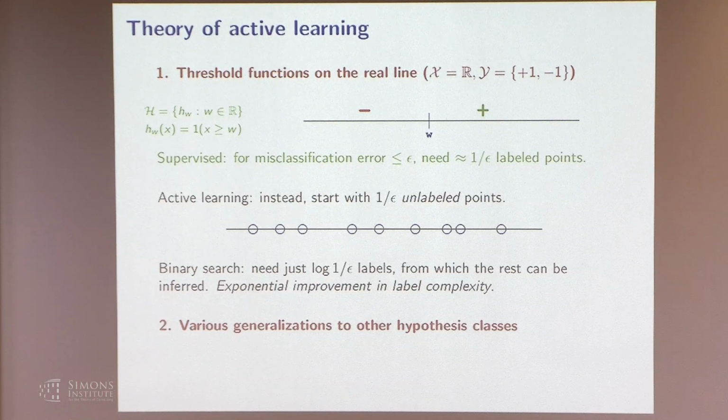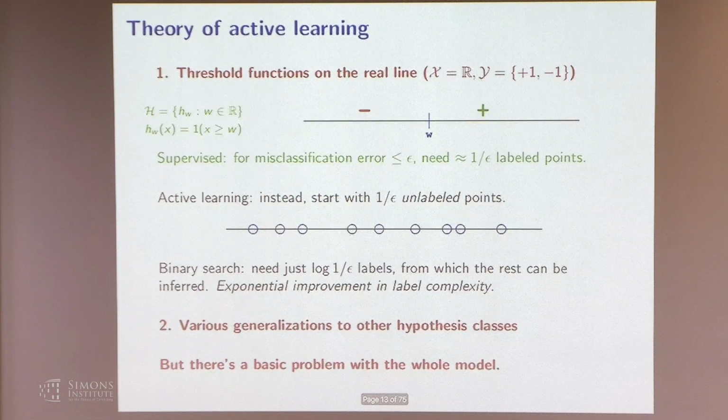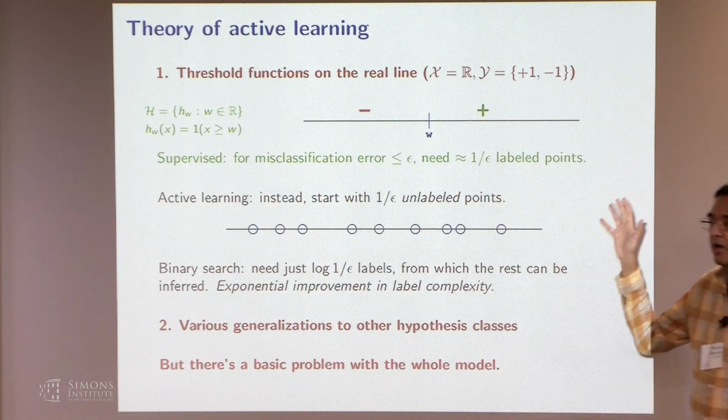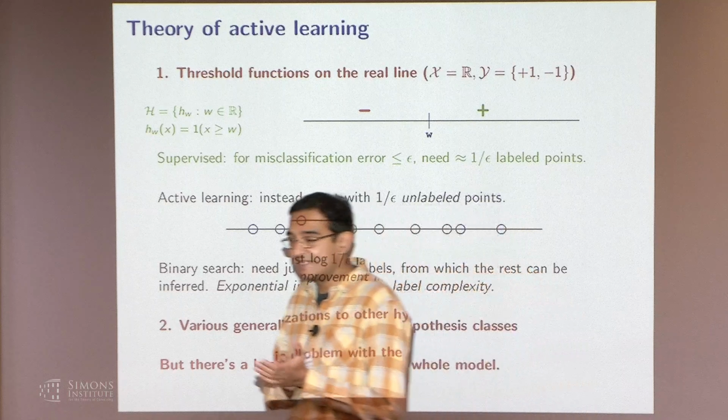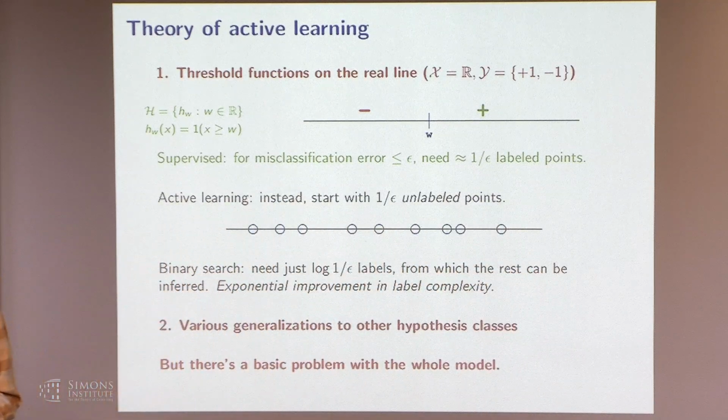And as I said, unfortunately, there is a basic problem with this whole model, and let me explain what that is. Let's say you get this new data set, you have 1 million points, you can only afford to label a few of them, but you want to build a classifier. So you say, I'm going to build a linear classifier. Let me find the best active learning algorithm for linear classifiers.